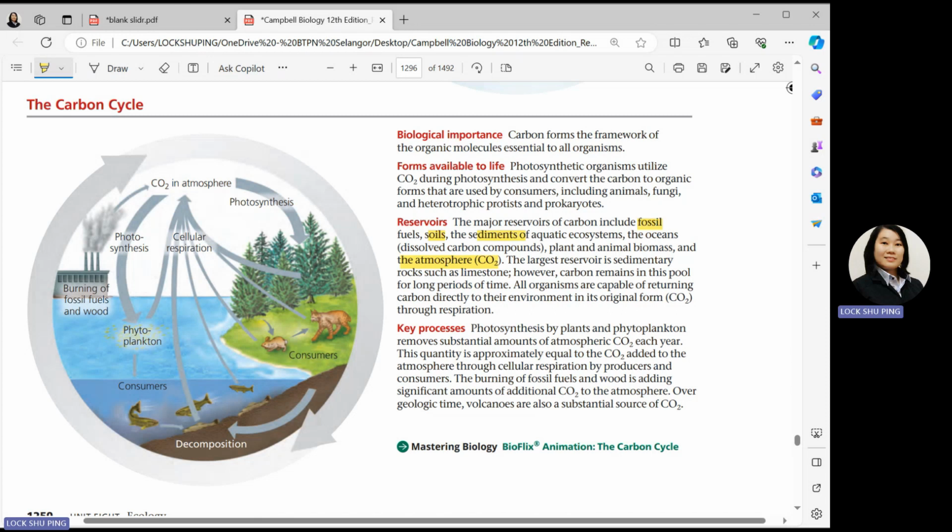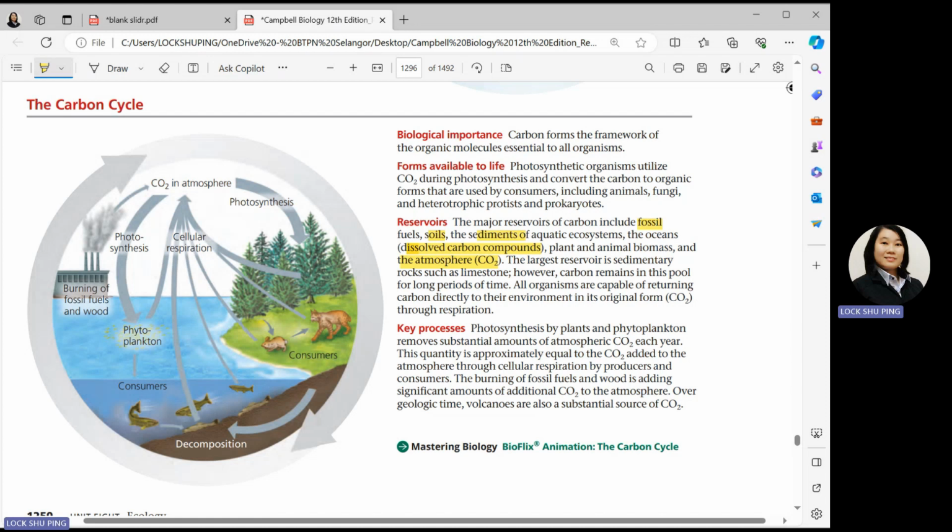The fossils, the soil, and the sediments that contain organic carbon are part of the lithosphere. Okay, they are found on the land. Then we also have some dissolved carbon compounds. We can have dissolved inorganic carbon or dissolved organic carbon found inside the oceans. Okay, so they are part of the reservoirs present in the hydrosphere.